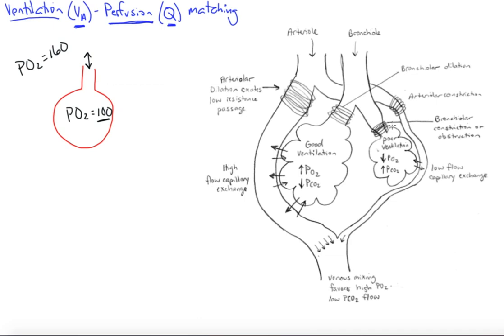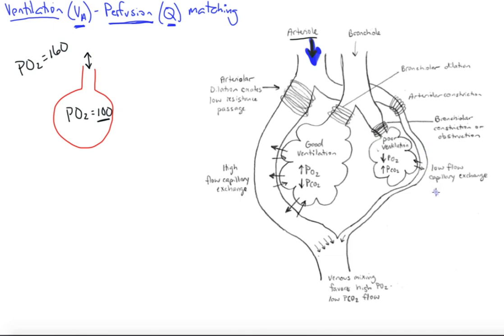Let's look at our anatomical picture over here. We've got our arteriole here, so this is our blood flow coming in. This would be the pulmonary, and honestly, let me adjust that, because if it's an arteriole and it's pulmonary, it's carrying deoxygenated blood.